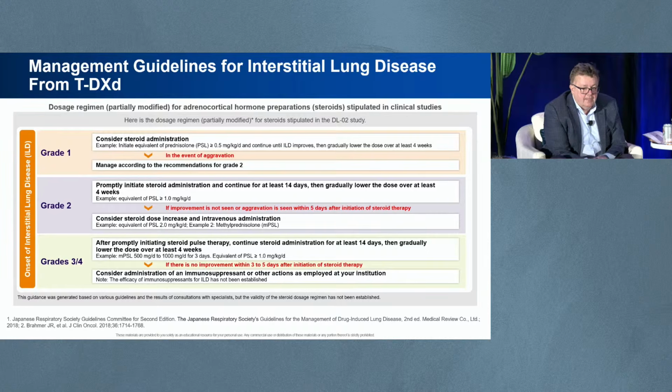Higher grades of pneumonitis that are symptomatic, grade 2, 3, 4, require interruption of the medication as well as more extensive corticosteroid treatment or other immunosuppressants. So I think it's important to keep this in mind, and our pulmonary colleagues are also very familiar with this.